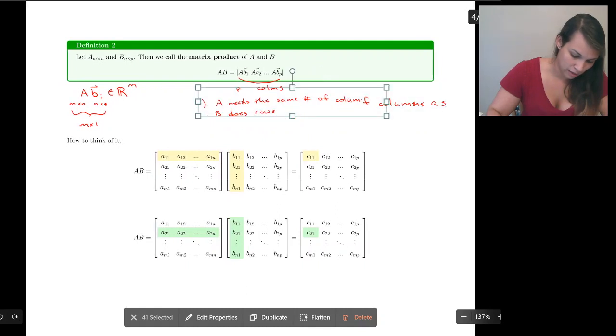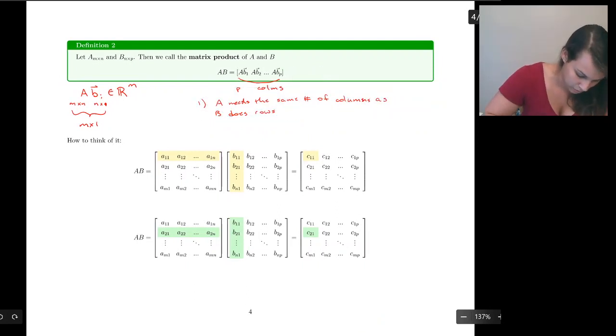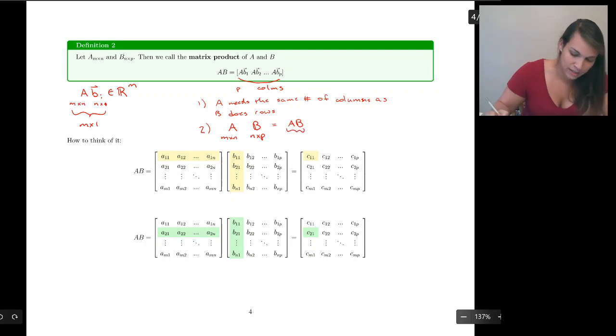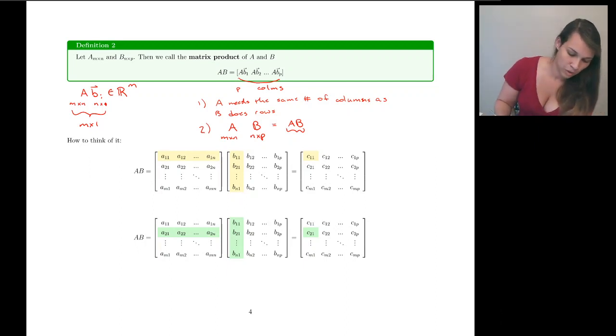And then the second thing I'm going to point out is when you have A times B, A is going to be an m by n matrix, B was n by p, you get this result AB, and where does it live? Well, I already said that the result of A times a column of B was going to be m by 1.